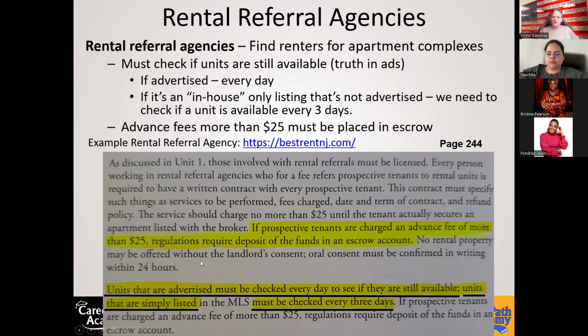And no property may be offered without the landlord's consent, of course. You can't be looking for renters for a landlord if they didn't hire you, right? All right. So get that stuff down. You got those links, these things highlighted, these notes.